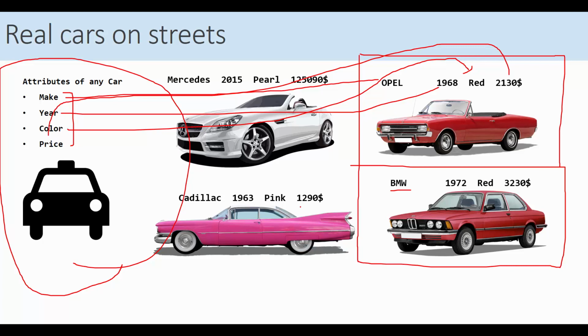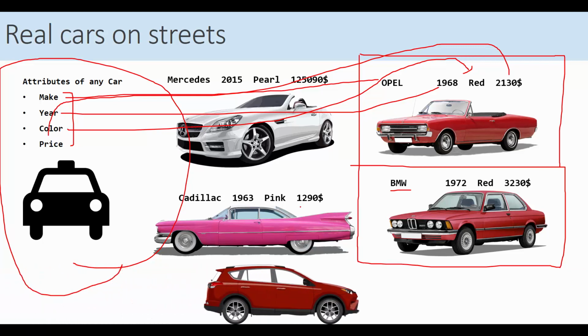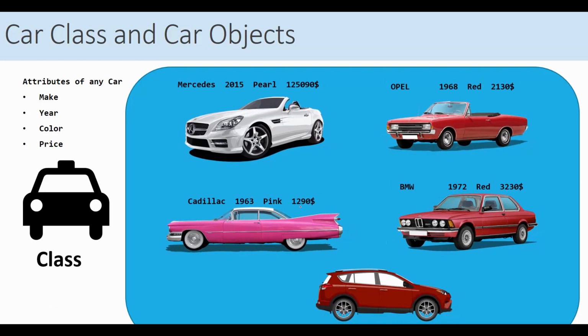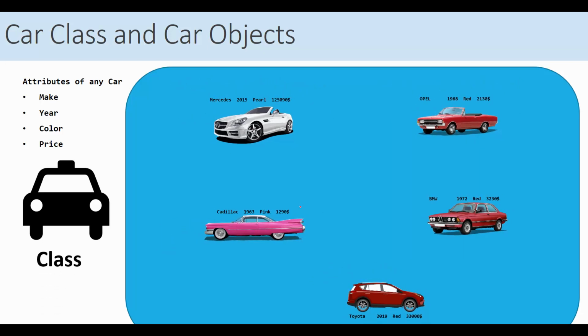You can create as many objects as you want from the same class. Each object has its own data, but they all have the same structure or same attributes or same properties. Car is a class. From the car, we create objects. They all have the same attributes, but with different information.